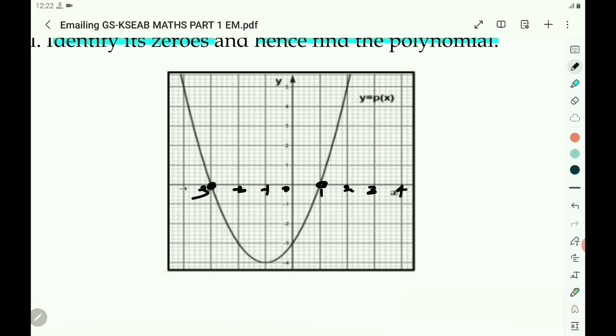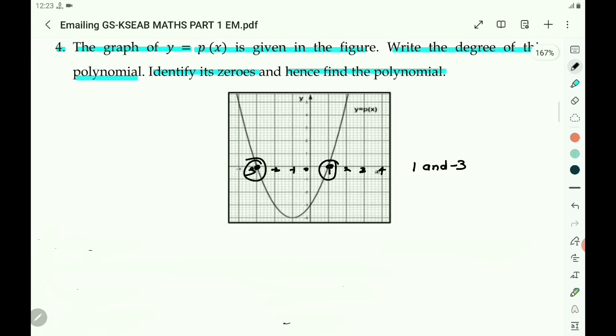So the graph intersects the x-axis at 1 and minus 3. So the zeros are 1 and minus 3. Then you write the answer. Zeros are 1 and minus 3.